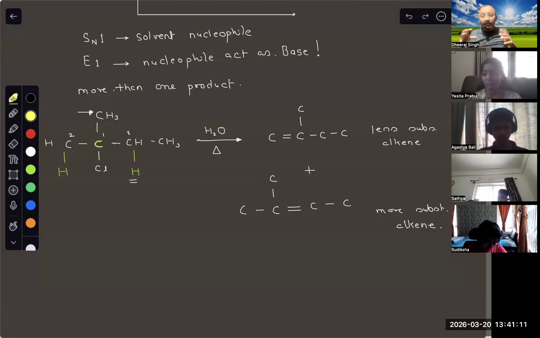Because charge is always unstable if it is located in a very small place. If you let it spread, the charge is stabilized. Concentrated charges are unstable. So when overlap happens, the electron gets space to move around, and it becomes stable. That is why benzene is very stable, right? There is a pi cloud, and electrons can move around here and there. Anyway, this one is more stable, more substituted.